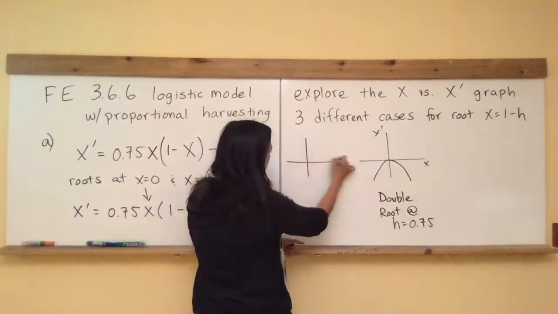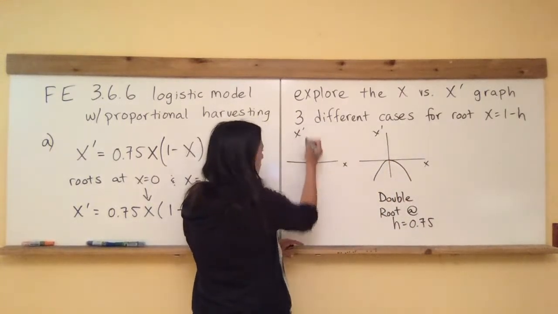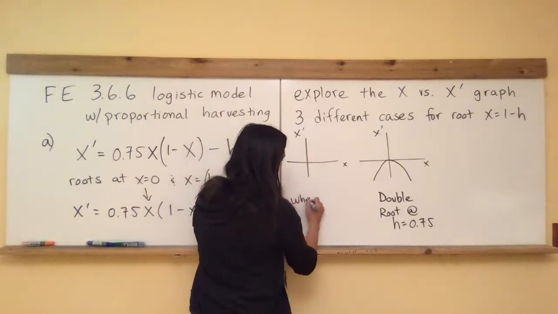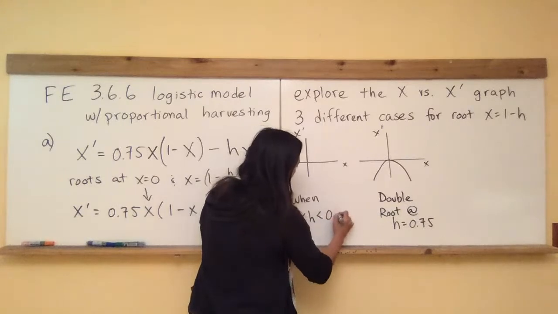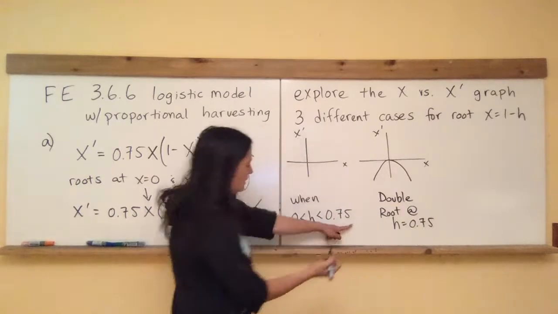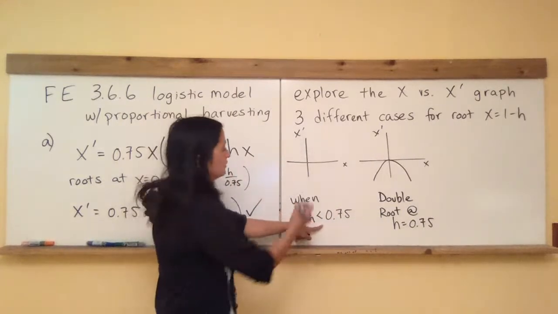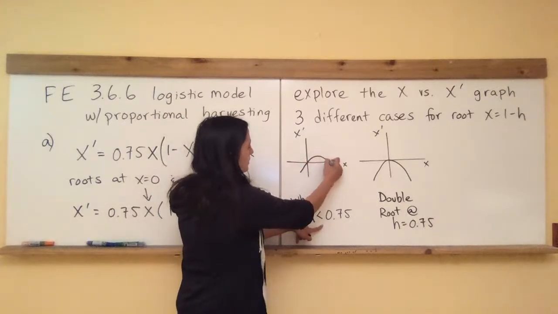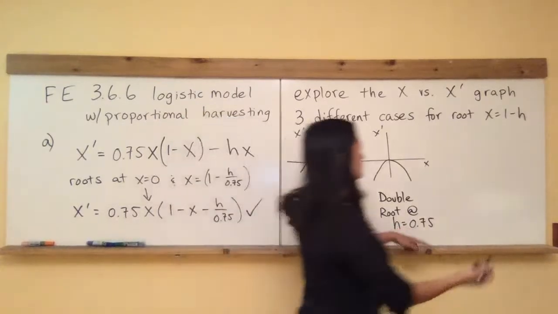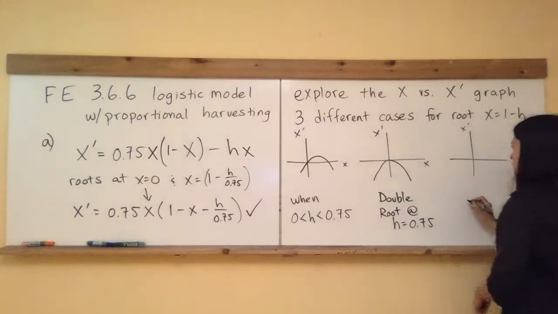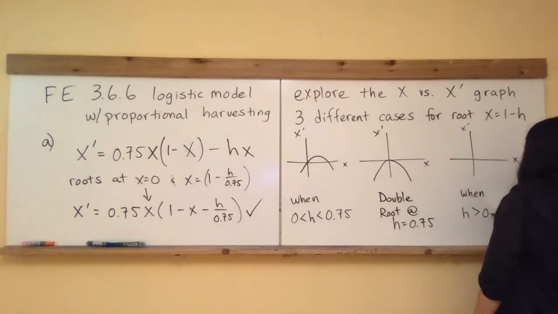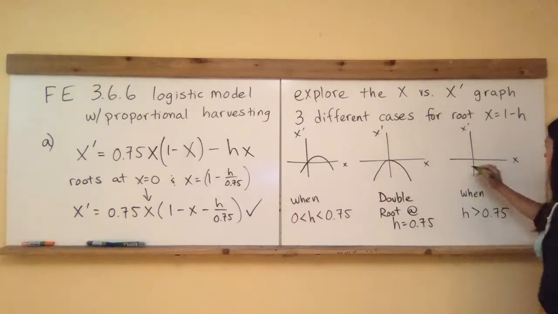Okay, if you look at the same graph, x versus x prime, for when h is greater than 0, remember that's the only thing we really want to consider, but is less than 0.75, then you're going to see this type of graph, qualitatively speaking. And over here, when h is greater than 0.75, then you're going to see this type of graph.